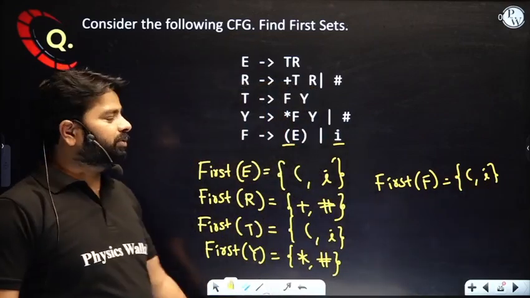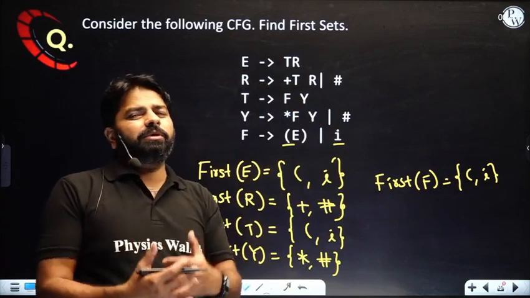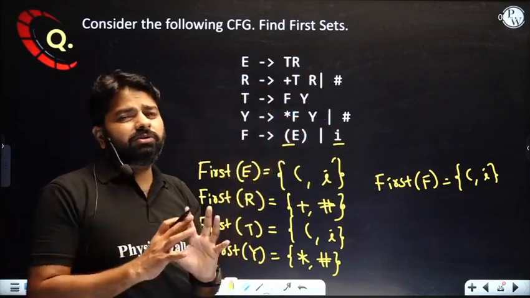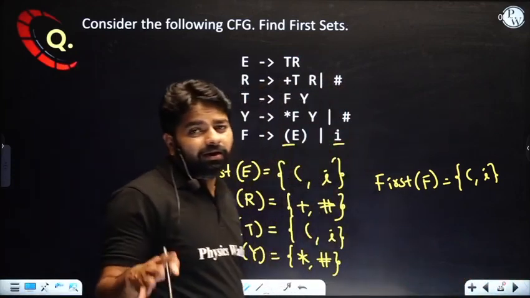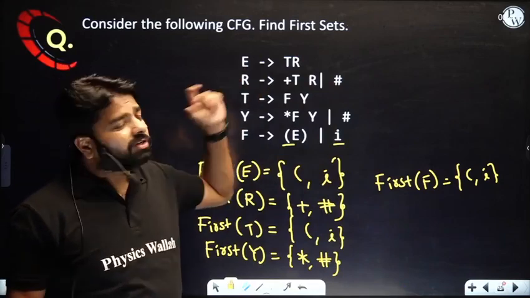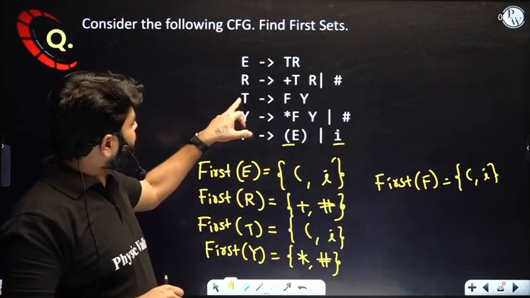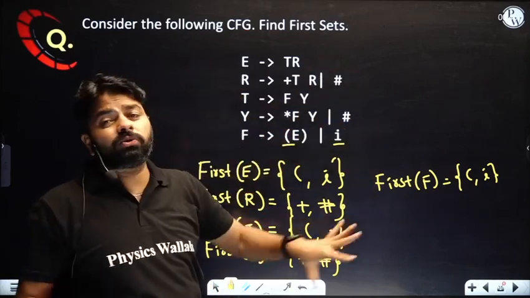How easy to compute. When you have epsilons, it may take much time, but when you do not have null productions here, it could be easy to compute. I can say simply, first of E is nothing but first of T, first of R is nothing but plus epsilon, and first of T is nothing but first of F, because I am very clear here there is no null rule.